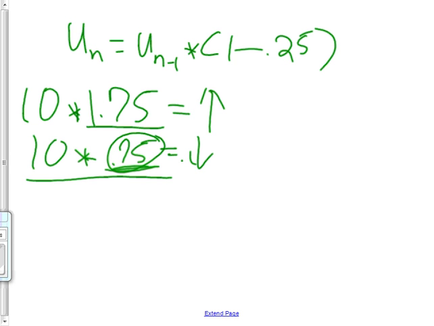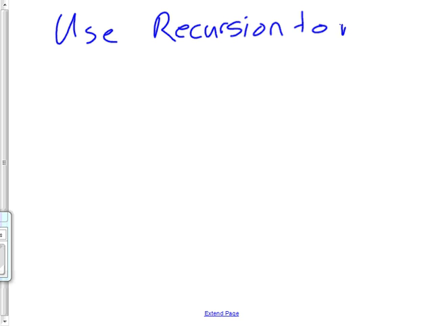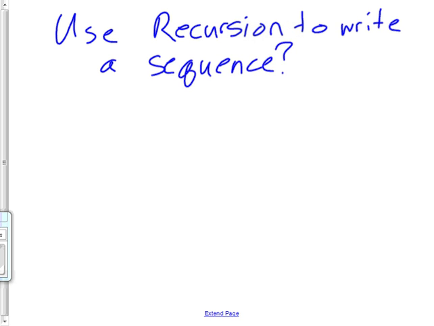Cool. Okay, I think that we've hammered that thing into the ground. Let's go on to something else. Why don't you do this? Use recursion to write a sequence.